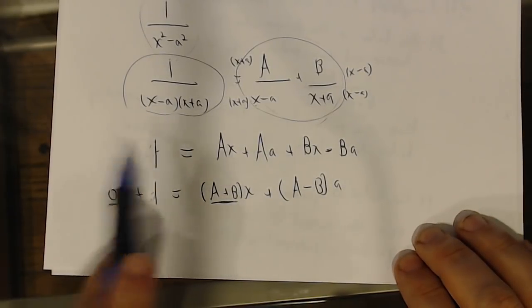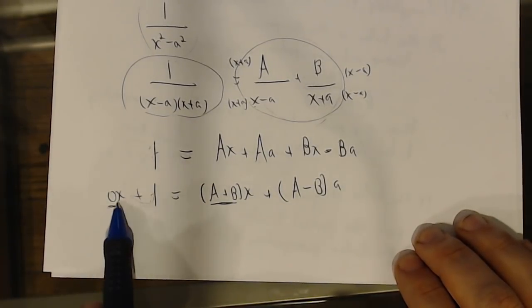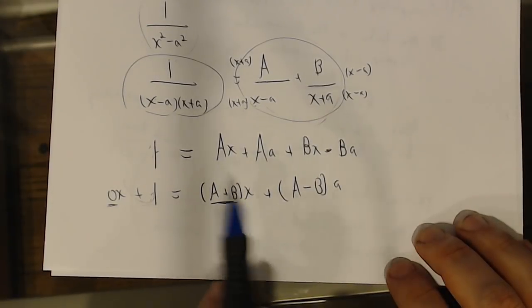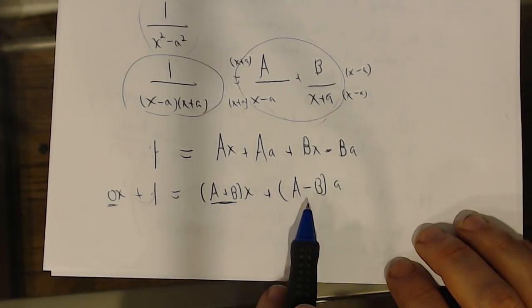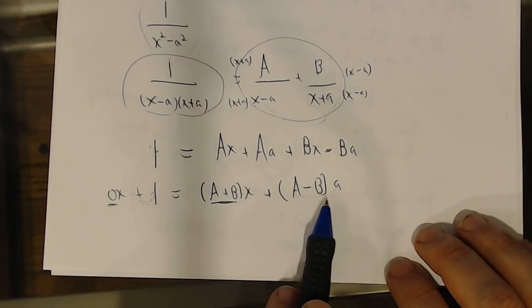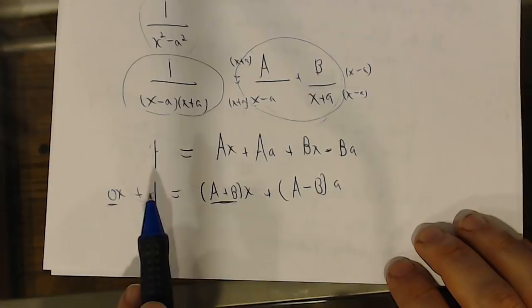It's 0x because the x term isn't there. So I need that to zero out. And then the A minus B times a has to equal 1.